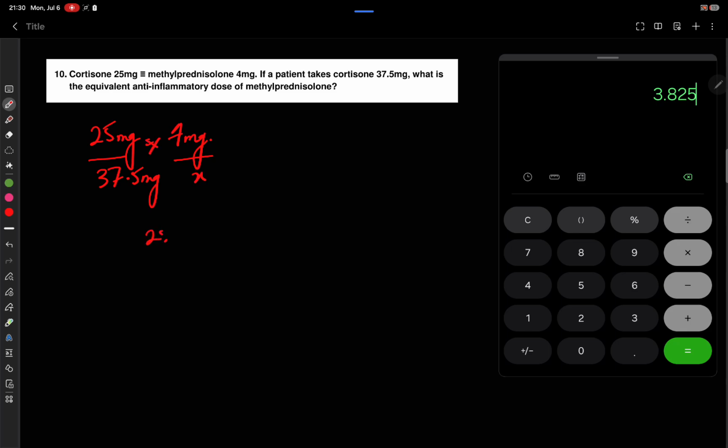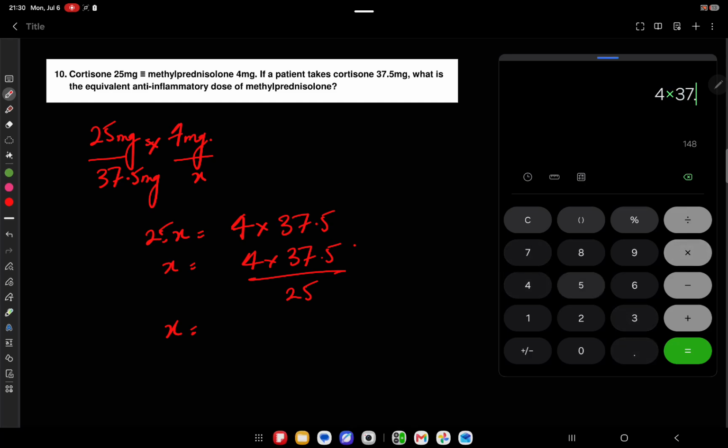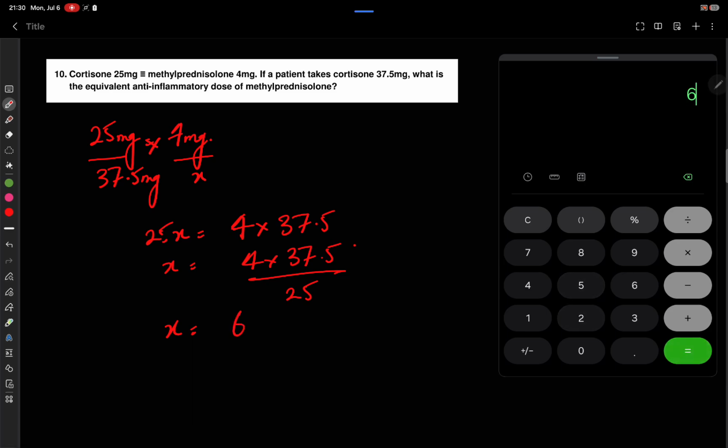Cross multiplication again: 25x is equal to 4 into 37.5. X is equal to 4 into 37.5 divided by 25. The answer will be 6 milligram. This is the dose of methylprednisolone that will be equivalent to 37.5 milligram of cortisone.